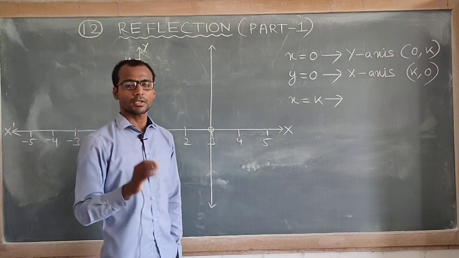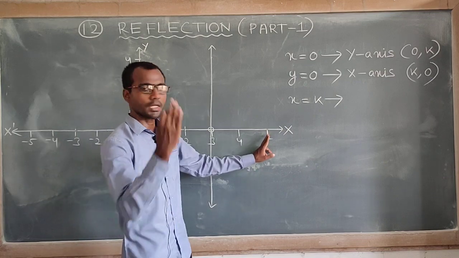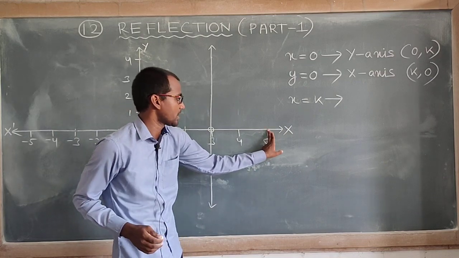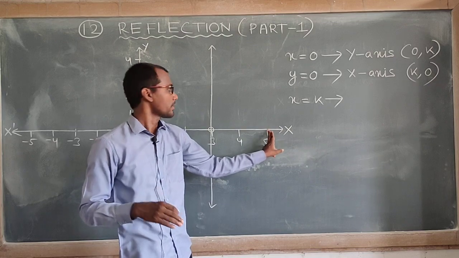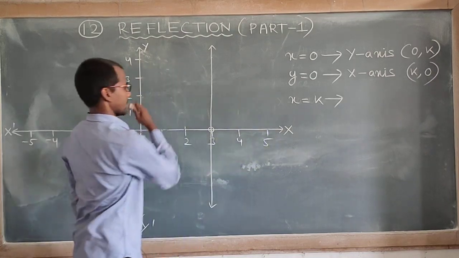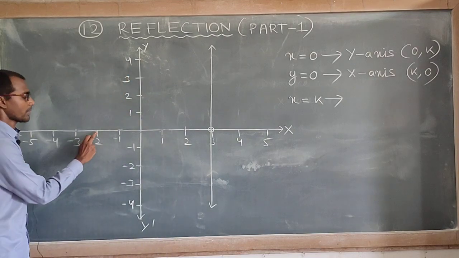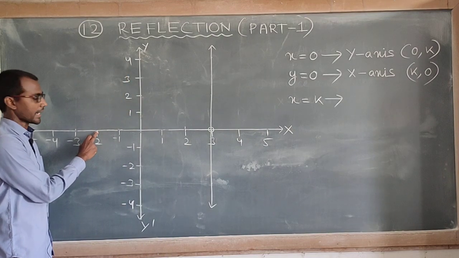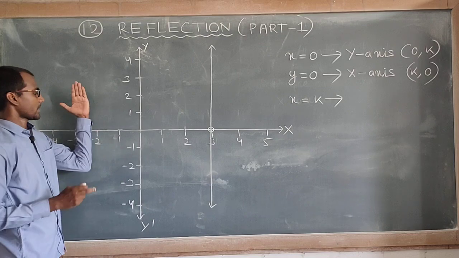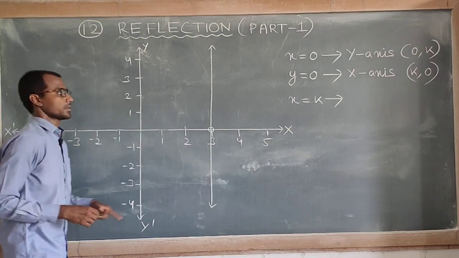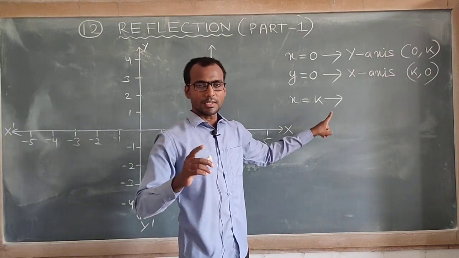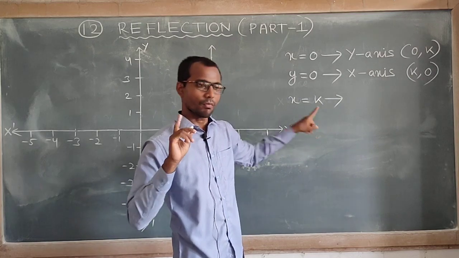Similarly, if you take x is equal to 5, you will get a line through 5, parallel to the y-axis. Similarly, if you take x is equal to -2, you draw a line through -2 and parallel to the y-axis. So x is equal to constant is the equation of a line which is parallel to the y-axis.